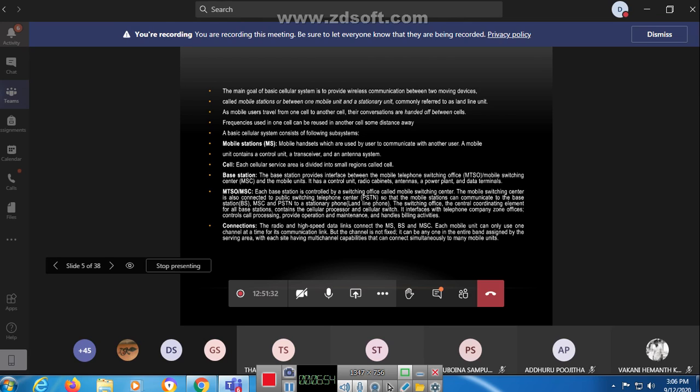For the communication process it mainly requires a base station. So what is a cell? Simple definition: each cellular surface area is divided into small regions called cells. So simply remember, the geographic coverage area we call the cell. That's all. These are the terminologies you use in the mobile communication system, for your exam point of view, or simply you can remember them likewise.